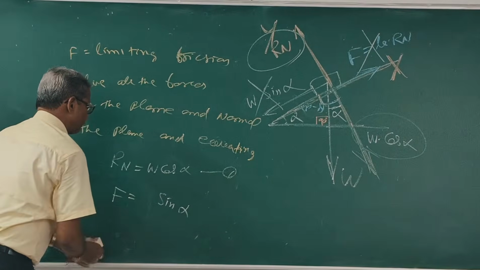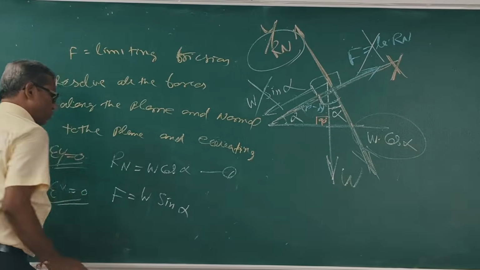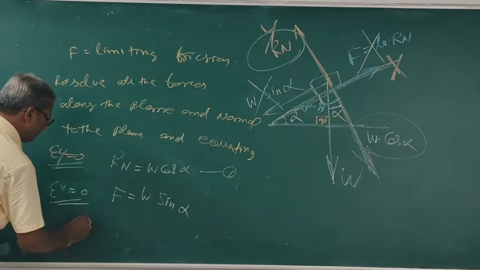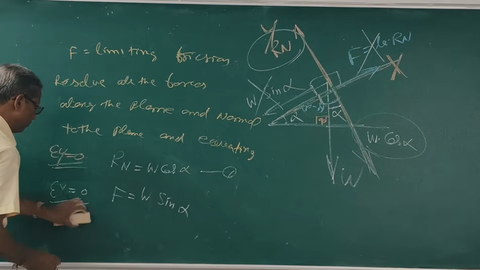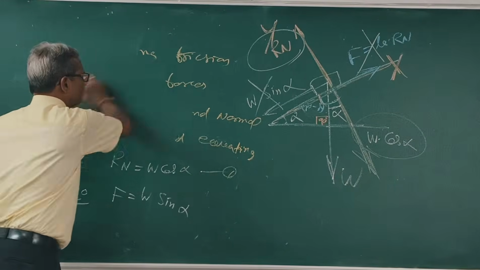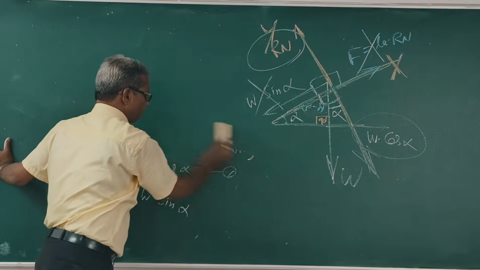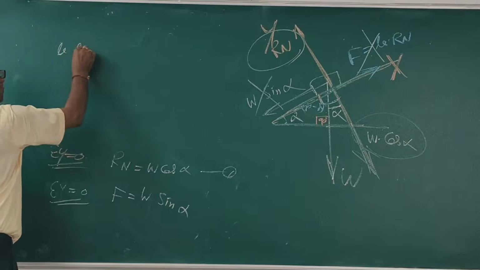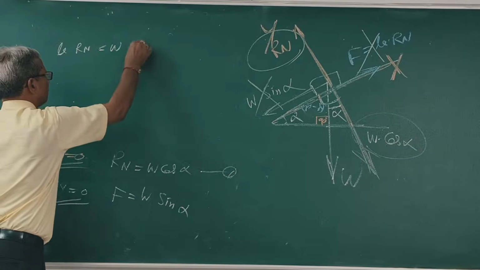So what is F? Mu Rn. This implies mu Rn is equal to W sin alpha. What is mu?